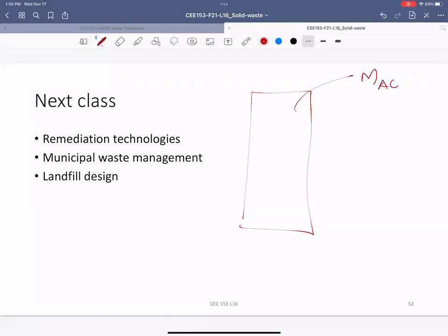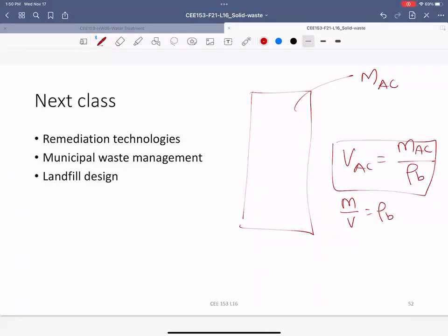And what is the volume of activated carbon? Mass per volume is density, right? Bulk density, also called packing density, is mass per volume. So if you want to calculate volume, it will be mass divided by bulk density. So you know the volume of activated carbon, and you know the area of the tubes.